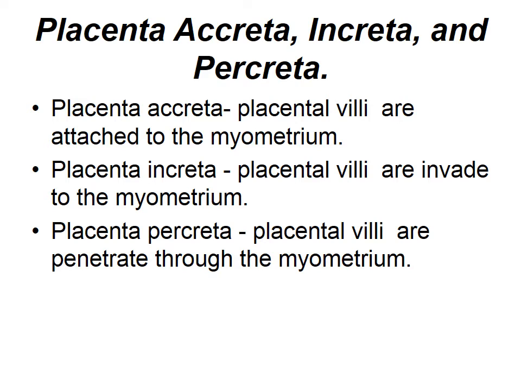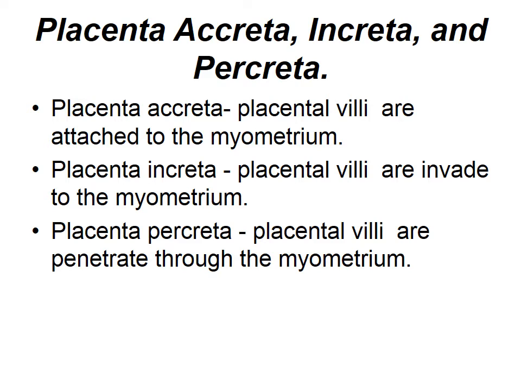Placenta increta is a form of placenta accreta in which the placental villi penetrate the uterine muscle, or myometrium, but do not penetrate the uterine serosa. Placenta increta accounts for approximately 15 to 17% of all placenta accreta cases.